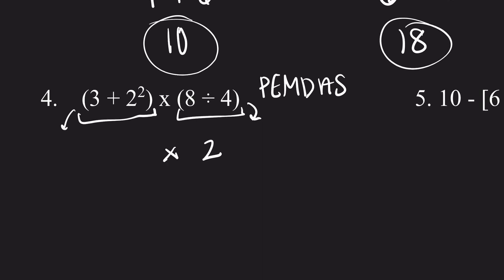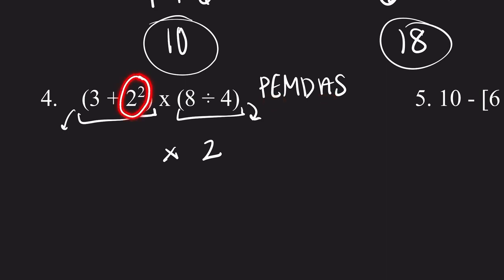Let's take a look at the first one though. So remember I say, okay, let's look inside those parentheses. And when you're looking inside those parentheses, check your PEMDAS again. Okay, well in here I'm seeing addition, but I also have an exponent. Let's start with that exponent.